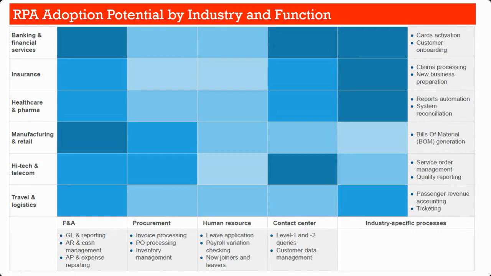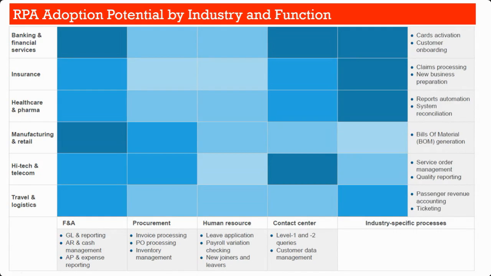Similarly, the ones which are less dark, in insurance and healthcare and pharma, are lagging behind the banking and financial sector, but are still better than other sectors. If you look at the first column after the vertical, in finance and accounting almost all the verticals have automated some of the processes.